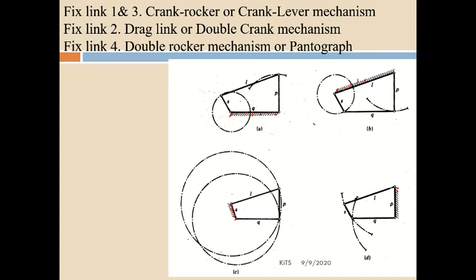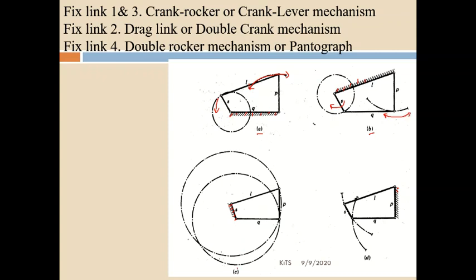Also, here in case A, the crank is rotating and the lever is oscillating. But in case B, the direction changed. Here also the crank is rotating and the lever is oscillating, but the position changed.